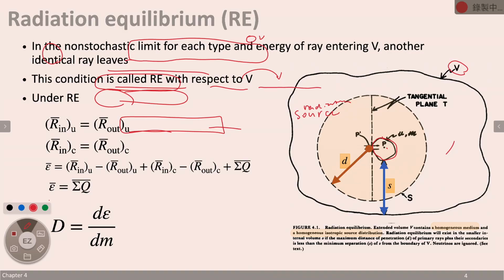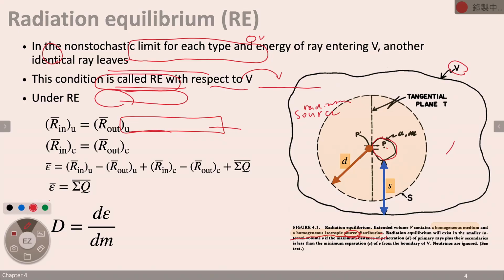The third one is source uniform. Here it says a homogeneous isotropic source distribution, meaning the radiation source is uniformly distributed.